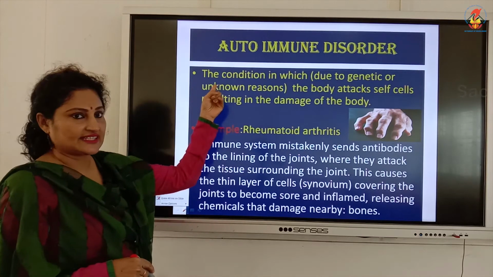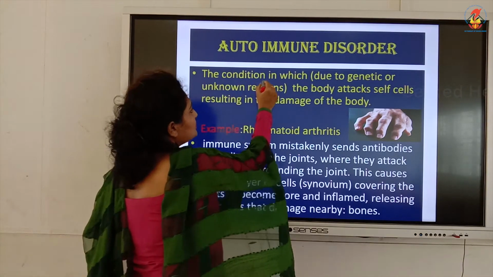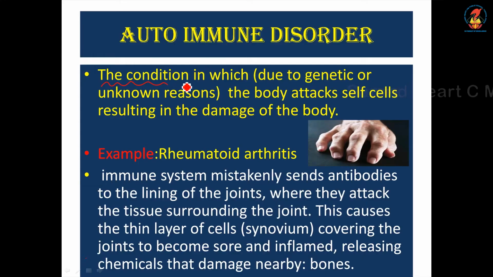So, the definition is like this: the condition in which the body attacks self cells, resulting in damage to the body. The immune system, instead of protecting the body, attacks the body. The reason is usually genetic, or sometimes due to unknown reasons. It may not be genetically inherited.